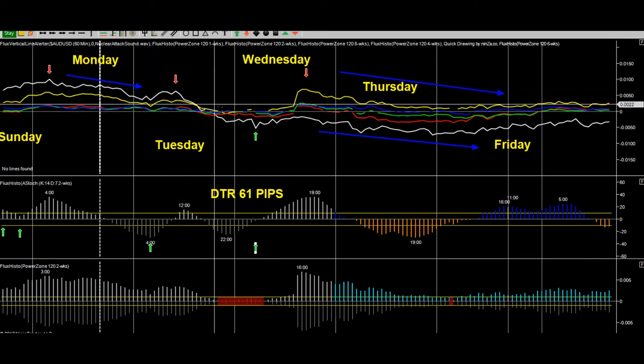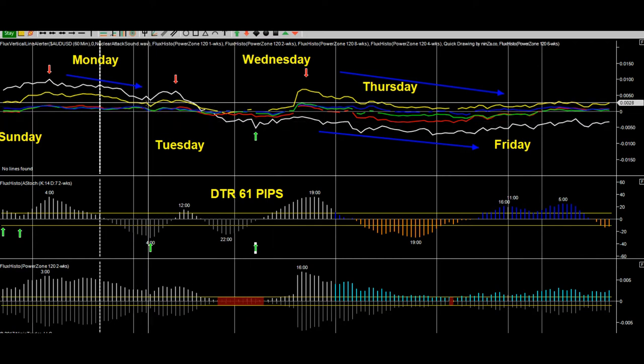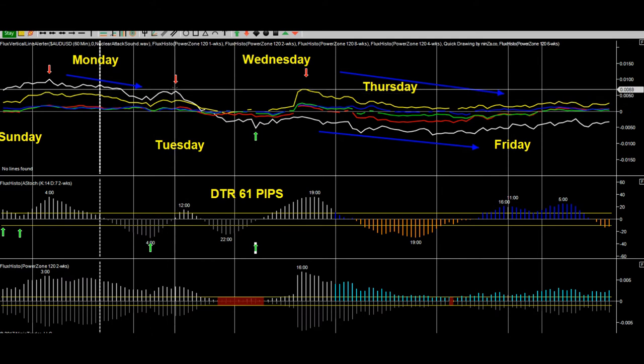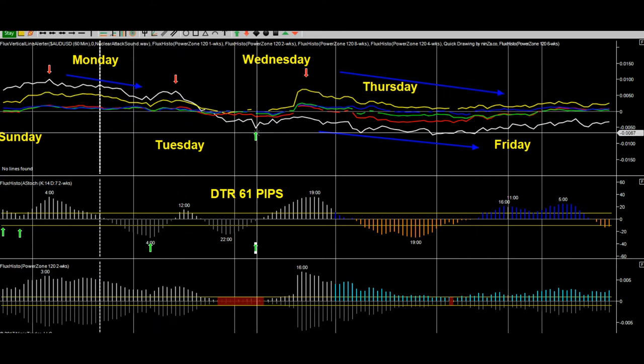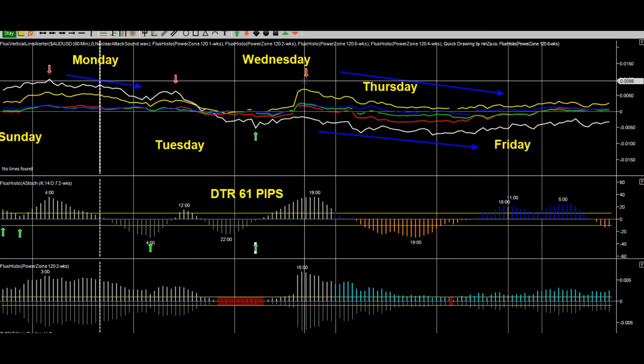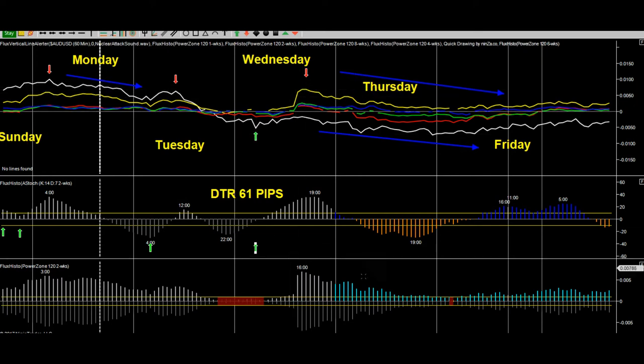Okay, and then it's going to drop some more. So we'll see if we're up a lot of pips. Here we'll close out. We don't want to get into the pullback, and then we'll re-enter right here at 10 o'clock, if I'm available. So we'll see all the way down to Wednesday, and then back up again. But overall, it looks like it's going down, as in my previous video.